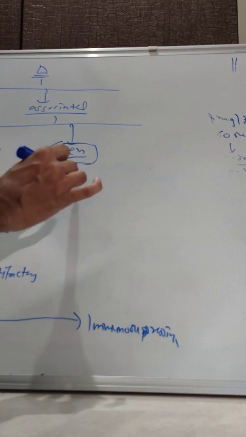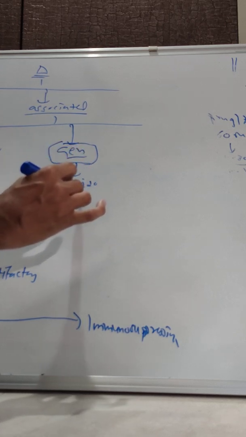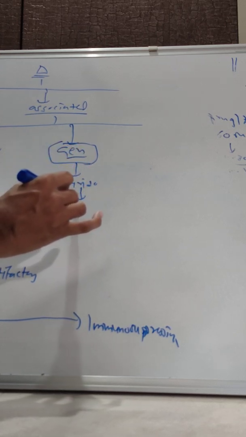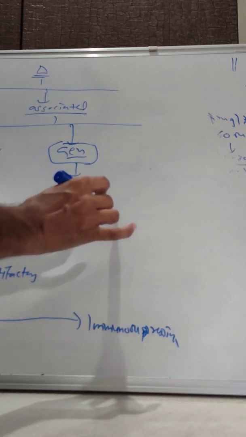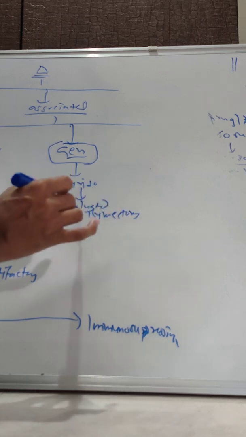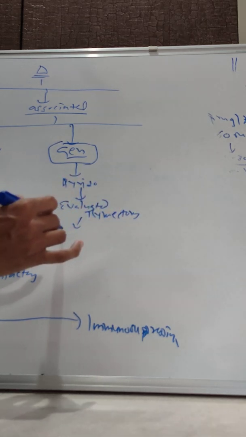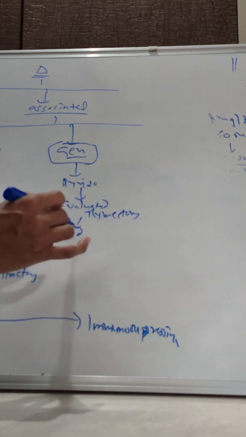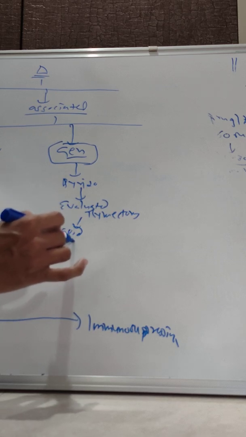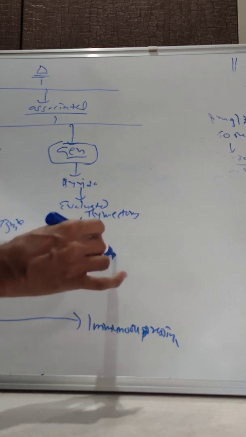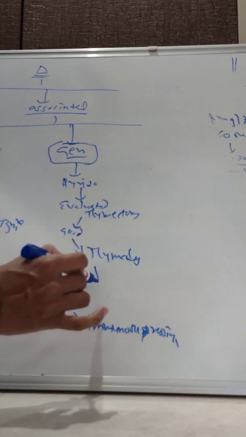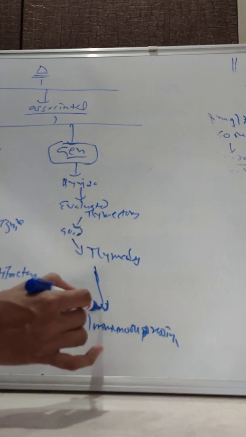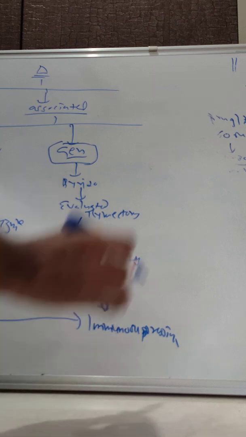Here you give pyridostigmine, then evaluate for thymectomy. If the patient's functional capacity is good and you can do the thymectomy, do the thymectomy. And then immunosuppression will be required.